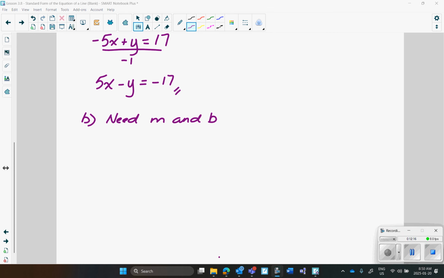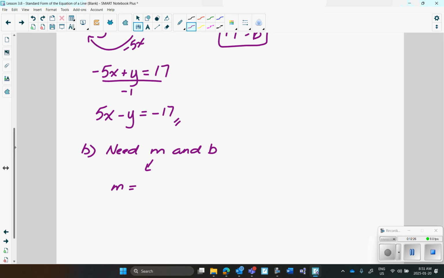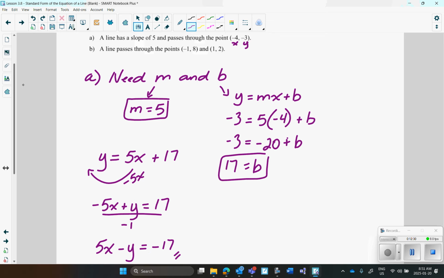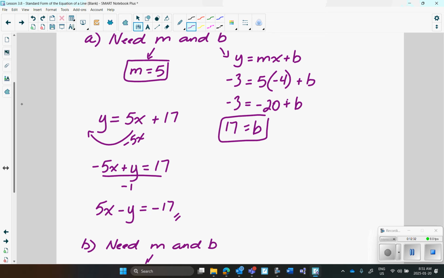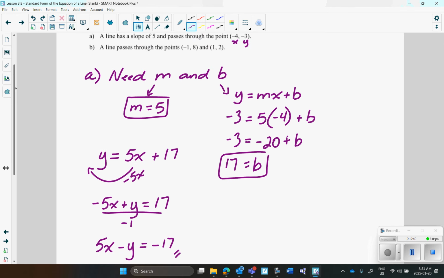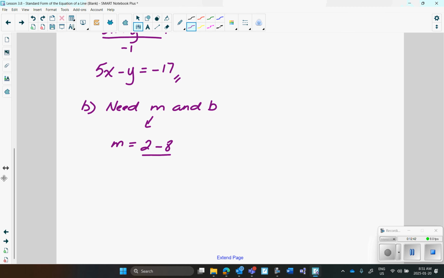Okay. Final line here. Well, we're going to have to figure out, if we're not given the slope, we're given 2 points. So to find the slope, we're going to go 2 subtract 8 over 1 subtract -1, which changes to +1.